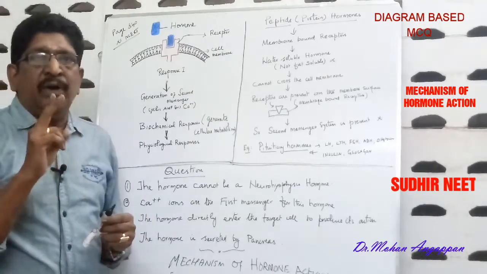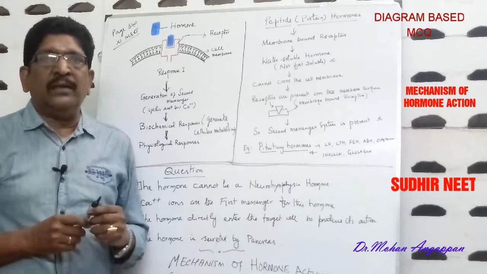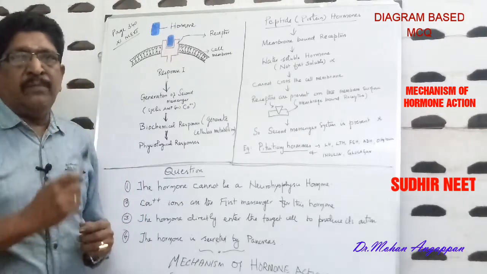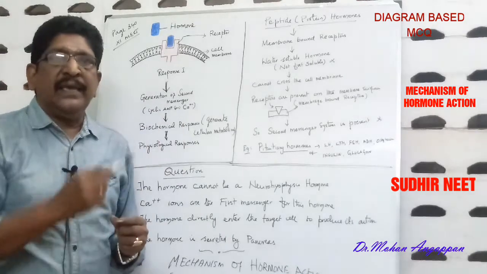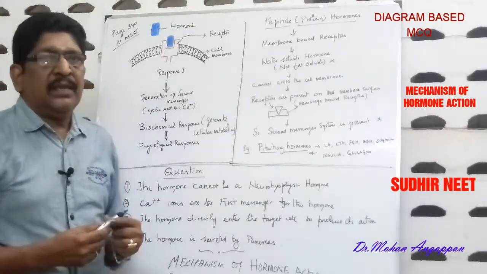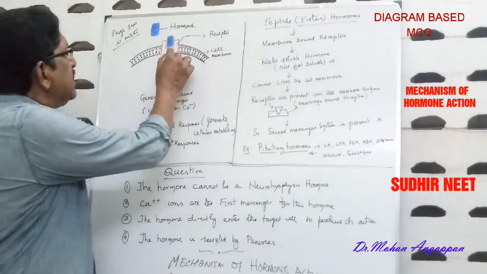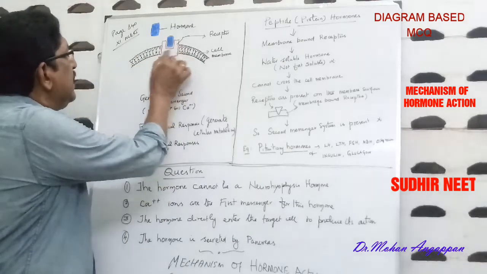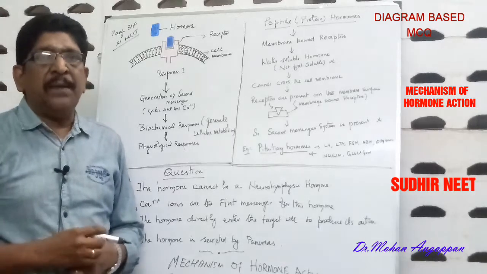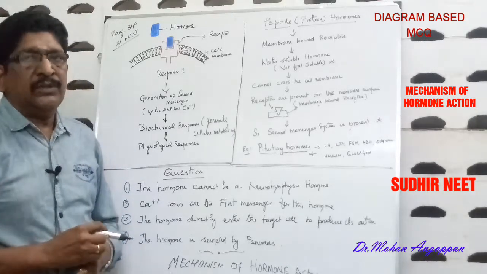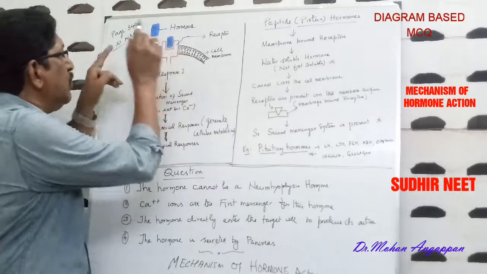The receptors are of two types, I told you. One is membrane bound, that is present in the membrane, and another type that will be inside the cell. Here you can see the receptor is on the membrane surface, so it is membrane bound.